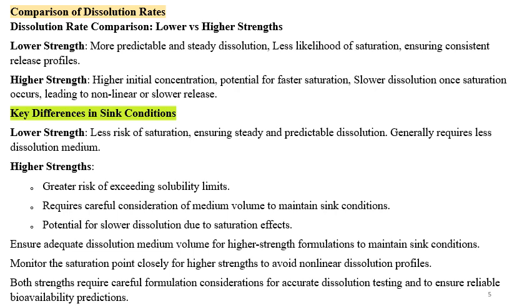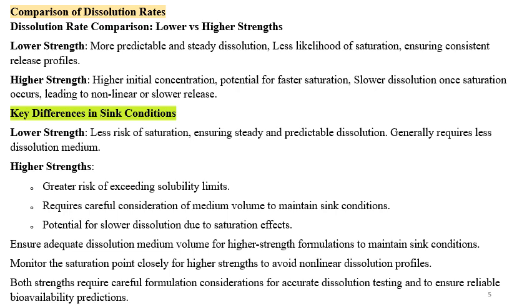Then it will lead to slower dissolution once saturation occurs, leading to non-linear or slower release. And this is the main reason behind slower rates for higher strength and faster dissolution rates for lower strengths.